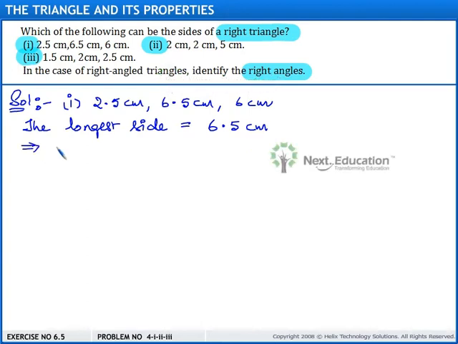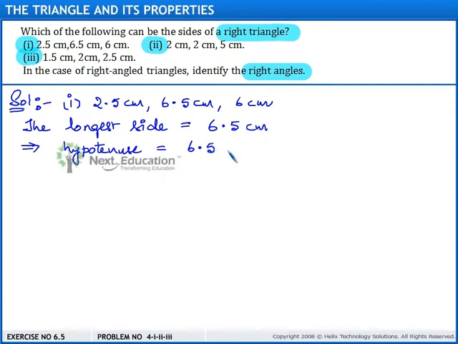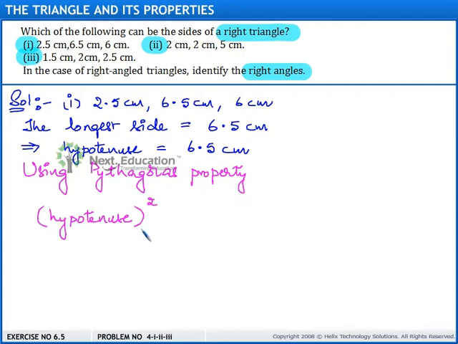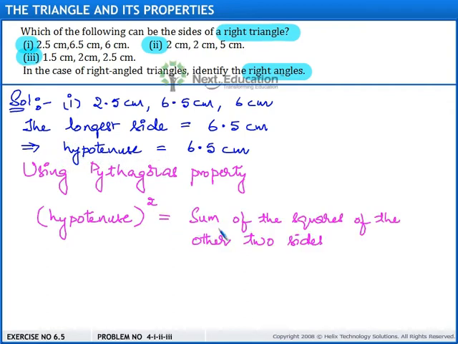Therefore, we can say that hypotenuse is equal to 6.5 centimeters. Using Pythagoras property, the square of the hypotenuse is equal to sum of the squares of the other two sides.